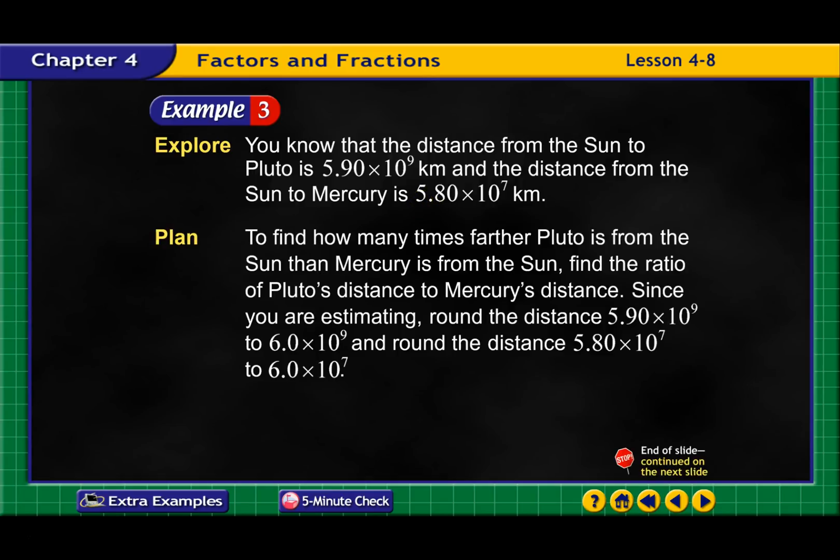So to find out how many times further Pluto is from the sun than Mercury is from the sun, we find the ratio of Pluto's distance to Mercury's distance. Since we are estimating, we can actually take this 5.9 and put it to 6.0, and this 5.8 and put it to 6.0. That'll make it easier to figure out since it's an estimating. So one of the times estimating actually helps.